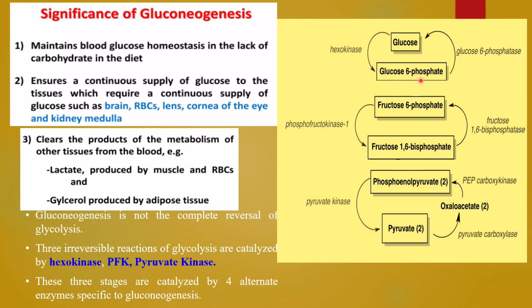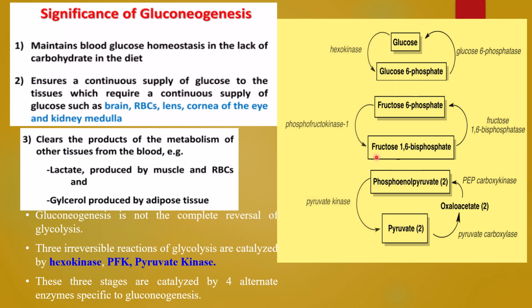In gluconeogenesis, this is compensated by glucose 6-phosphatase. If you wish to convert glucose 6-phosphate to glucose, in the reverse direction we need glucose 6-phosphatase, in contrast to hexokinase.